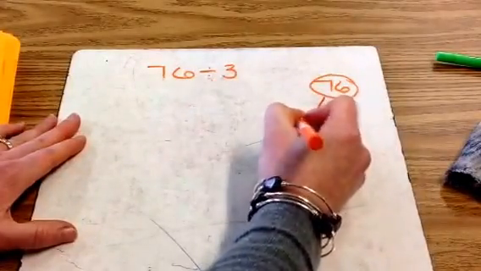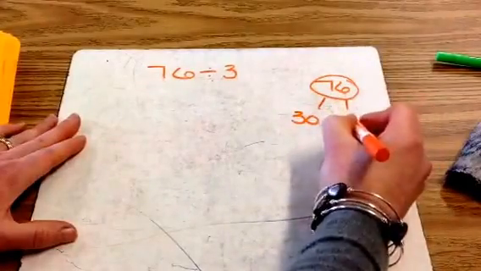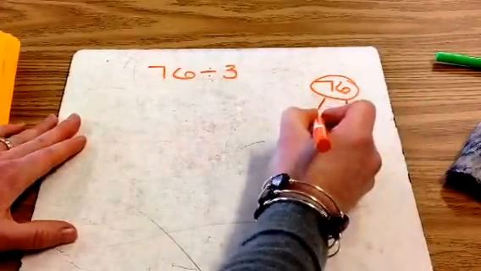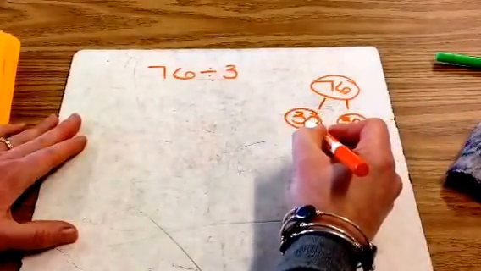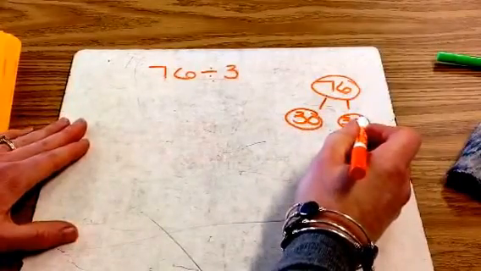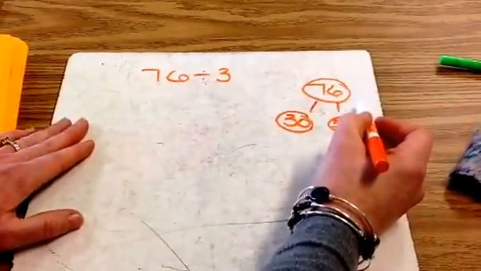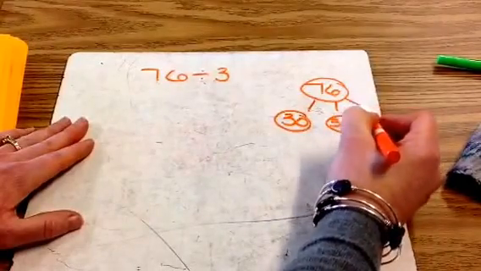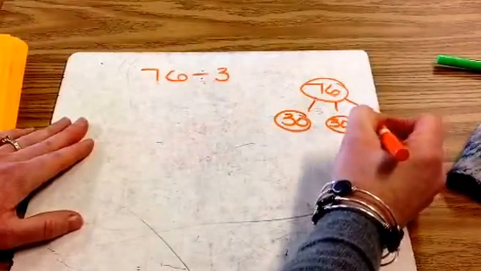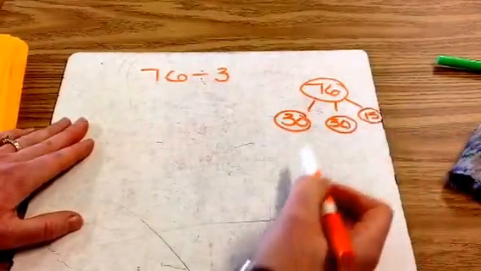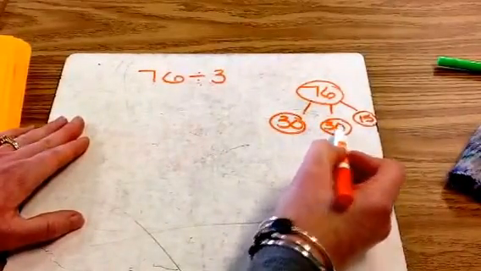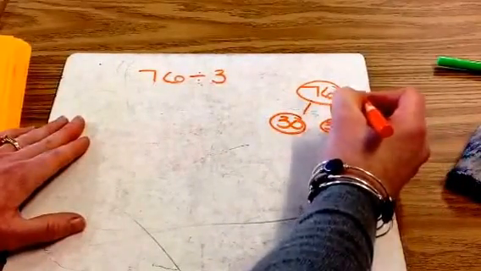So I can break it up into 30, 30, 30, 60, and then I have 16 left. I know 3 doesn't work with 16, but I know it works with 15. So 30, 60, 75 with 1 left over.